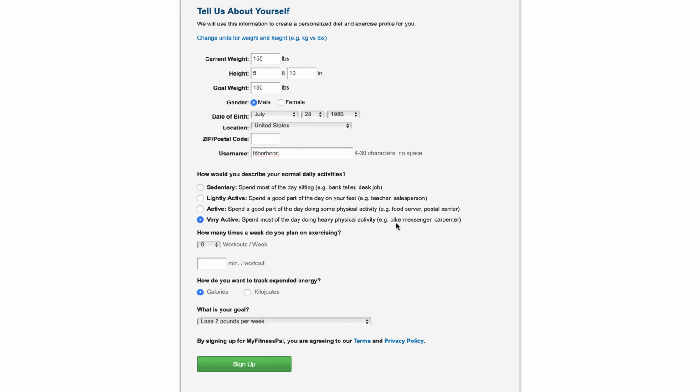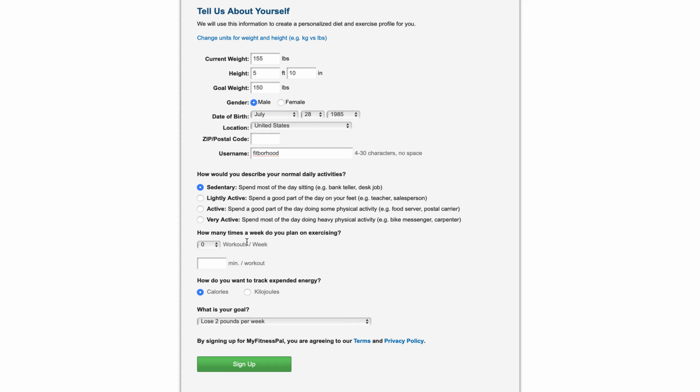Climbing in and out of crawl spaces under houses and attics and all this other stuff. Construction. They say bike messenger, carpenter. If you're in a lawn service profession, something of that nature where not only are you on your feet, but you are working up a sweat essentially the whole day, 8 hours a day, period. So I'm going to choose sedentary. Like I said, I have a desk job.